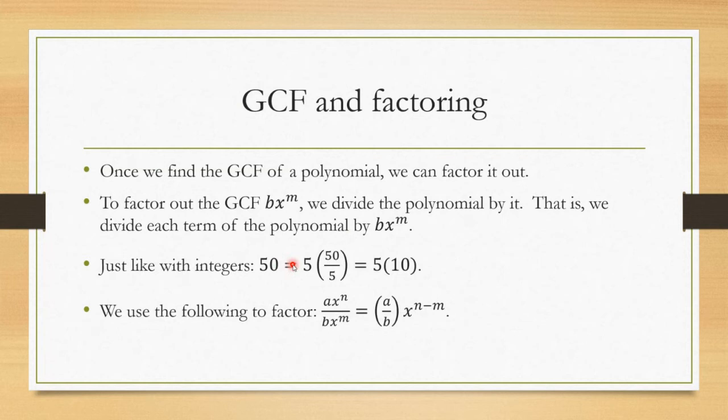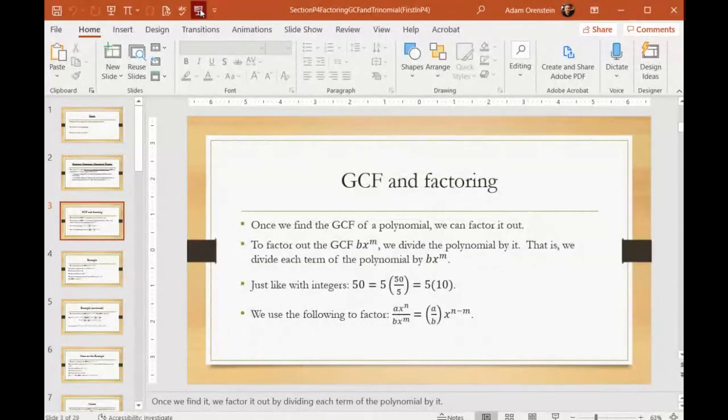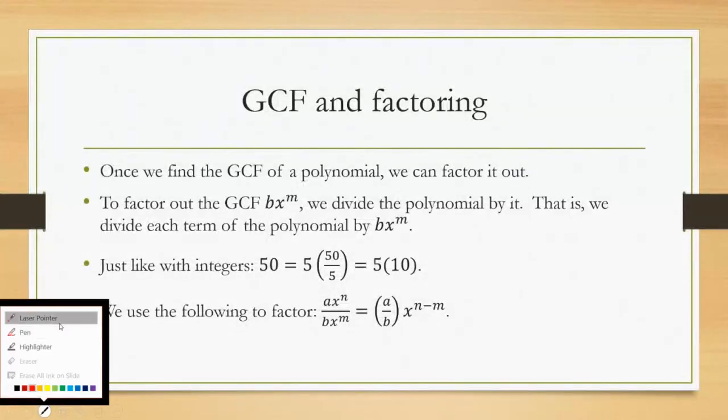We know 5 is a factor of it. But how do you factor out 5 from it? Well, you put the 5 in front, and then you divide in order to see what's left over. That's just what you do. So it's the same idea there.